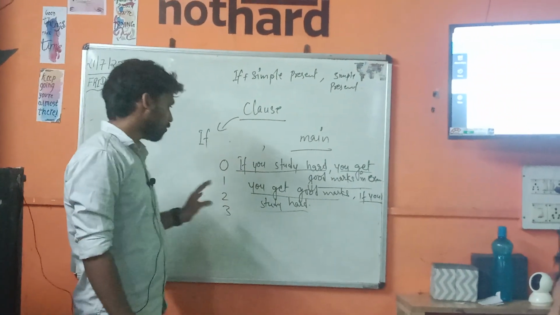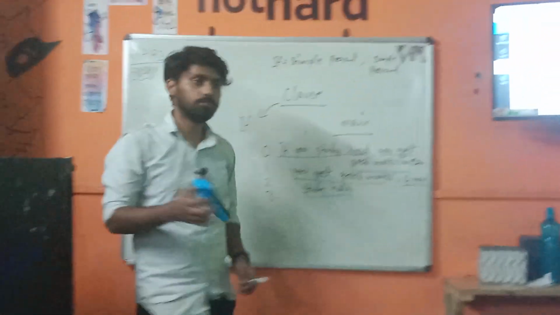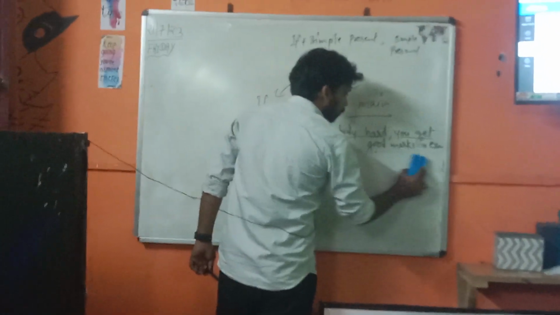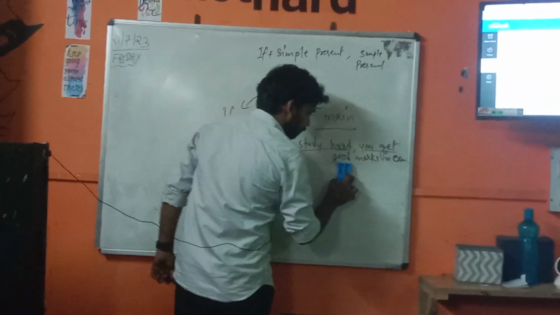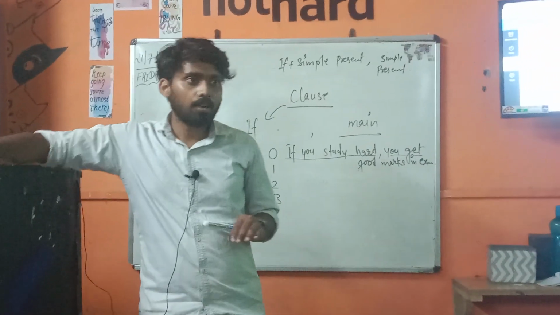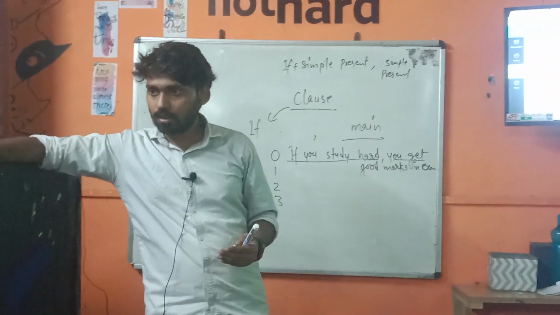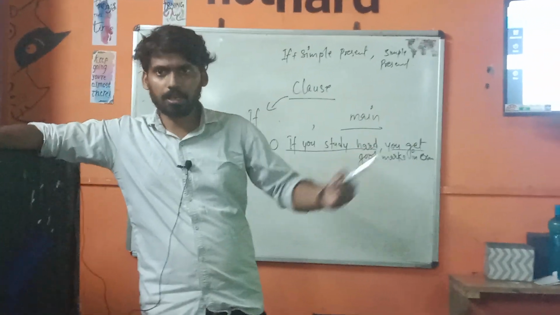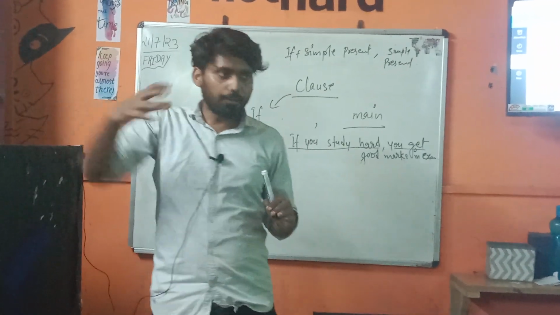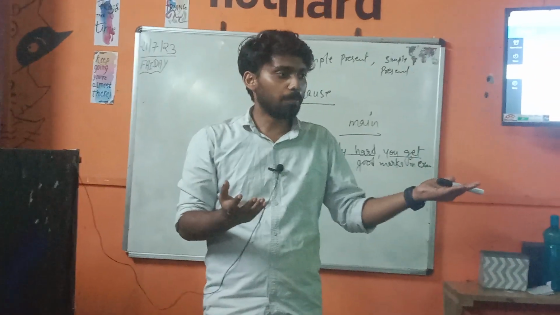Clear? Now let's talk about first condition. What is it about? First condition talks about if clause results anything in the future, that is called first condition. So in first condition, if clause, okay, depends on the main clause.